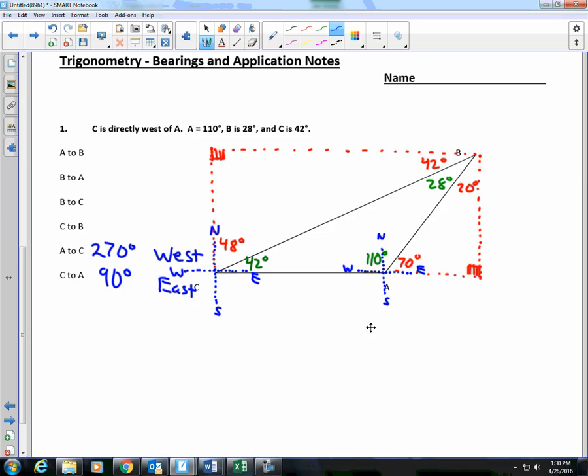Now, I'm going to place myself at C, and I'm going to choose to go to B. Tell me in two directions, what is the direction of travel that I take to get from C to B. Northeast. We'll do the numerical one in a second. To get from C to B, we travel northeast.